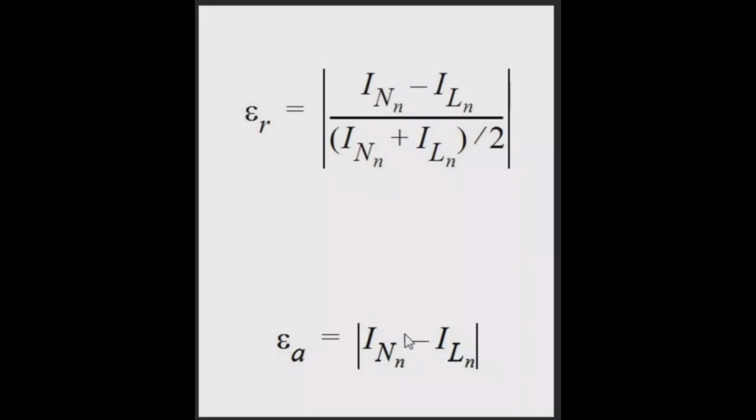So another thing that we think of is a relative error convergence criterion, and incidentally, we call this the absolute one over here. We call this a relative convergence, where we're looking at the difference between the currents compared to the average value. So this seems to work better in other circumstances.